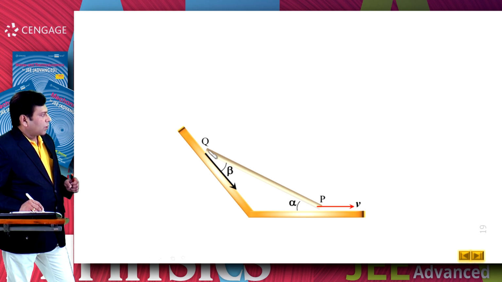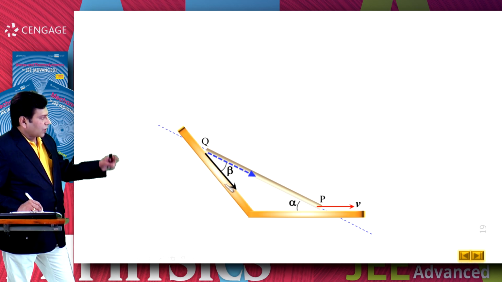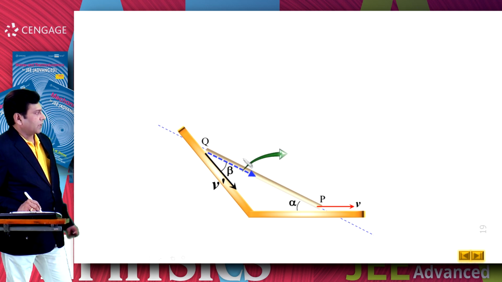So the component of this velocity along the length of the rod, this is the line joining the end point. So this component should be along this direction. Let us call this velocity, that is unknown, V dash. So this velocity component should be equal to V dash cos theta.